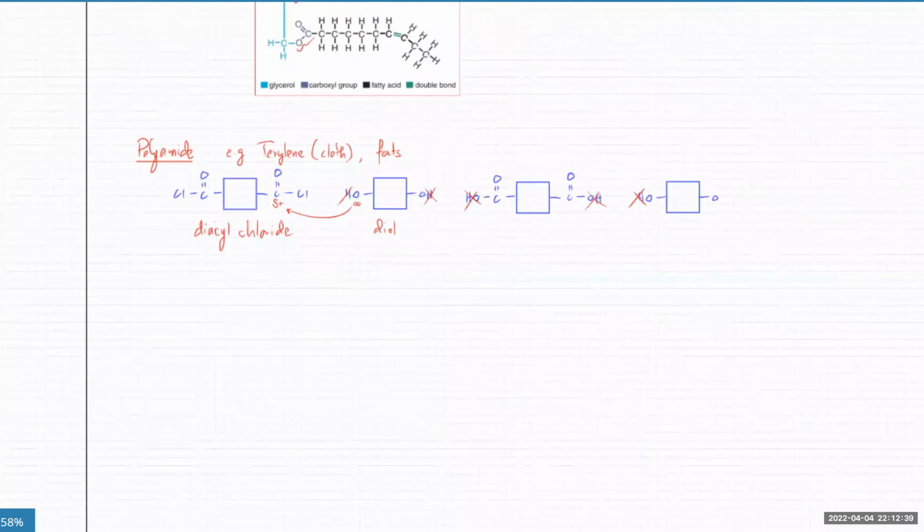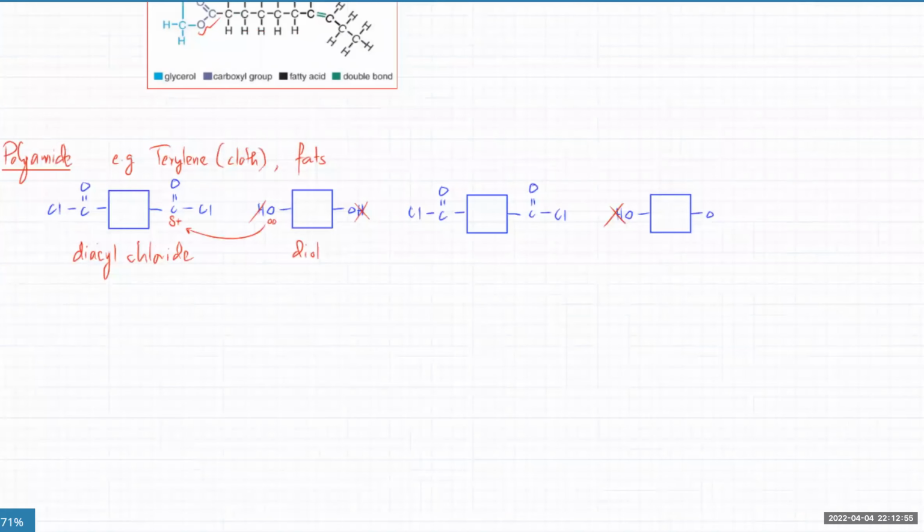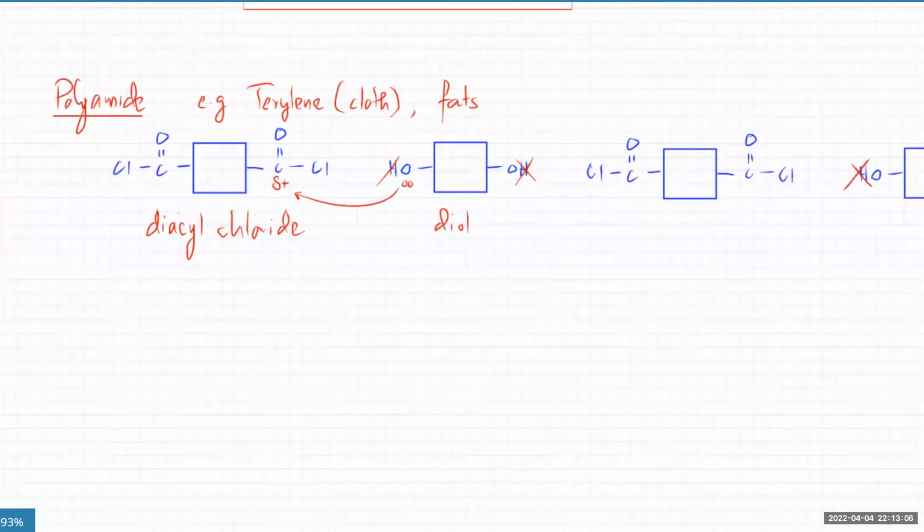And the same thing repeats. Not a carboxylic acid, this one is a diacyl chloride. And the other part is not an alcohol, it's actually an amine.